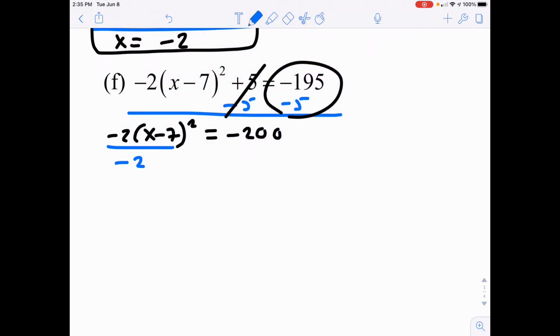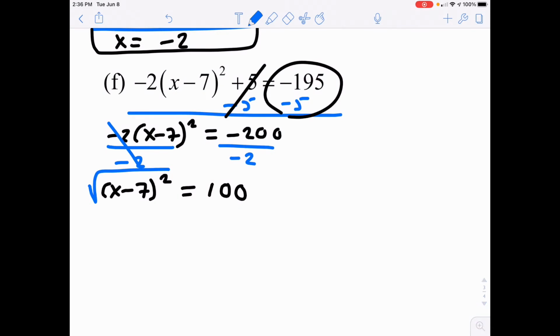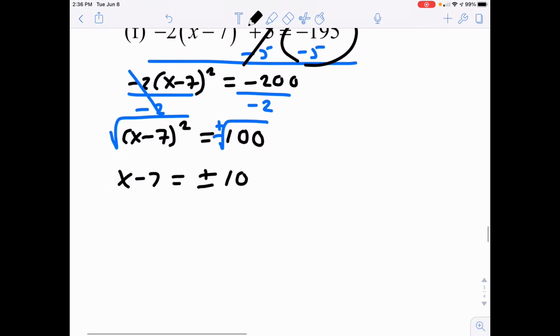Go ahead and divide out the -2, which cancels and turns everything positive. Quantity x minus 7 squared equals 100. Now take the square root of both sides. x minus 7 equals plus or minus 10. And there we have our two possible answers.